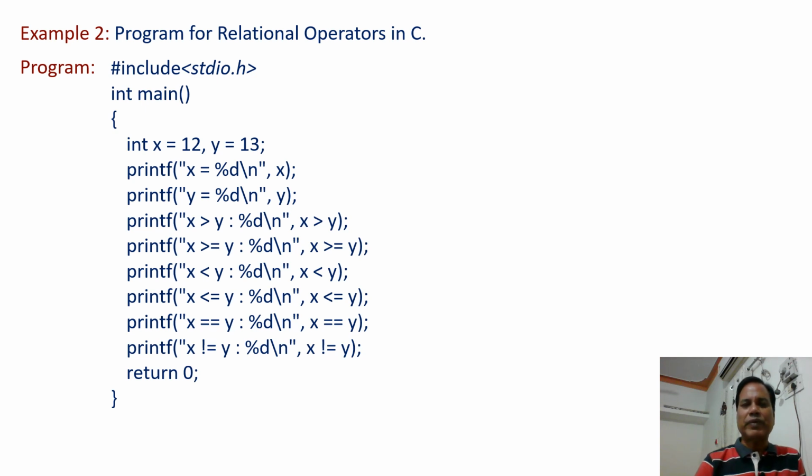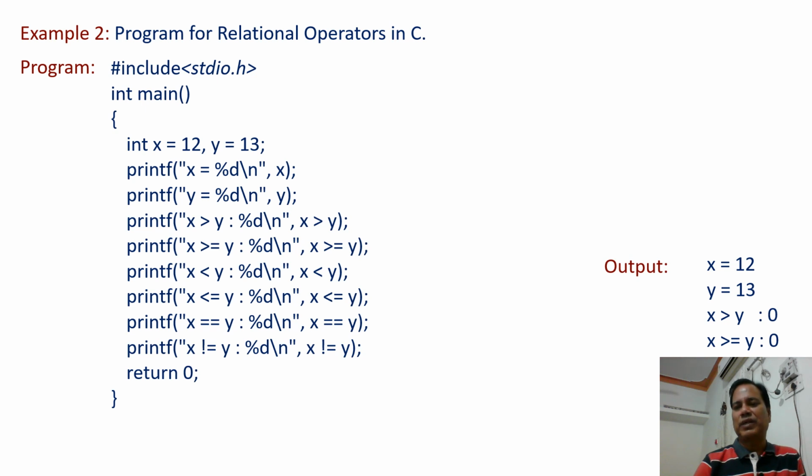So in this way, using the relational operator, the outcome of the relation between the two operands is printed. If the condition is true, 1 is printed. If the condition is false, then 0 is printed.